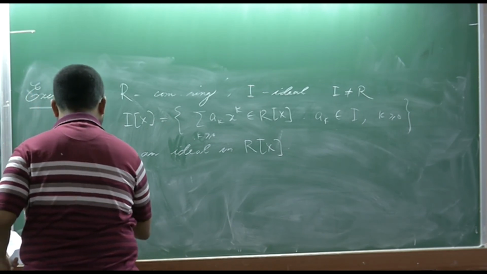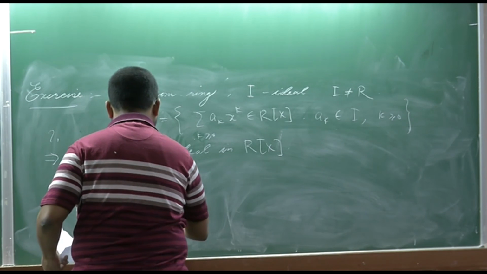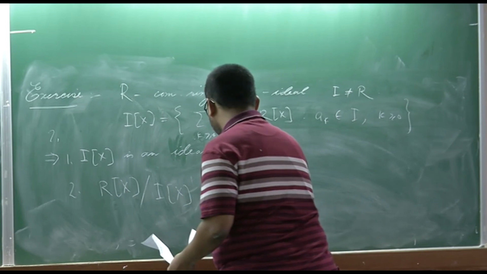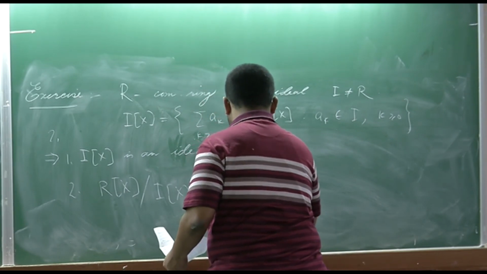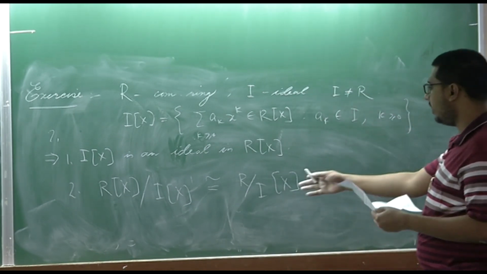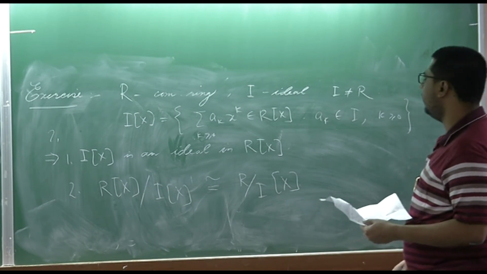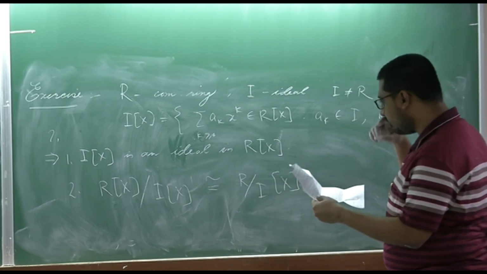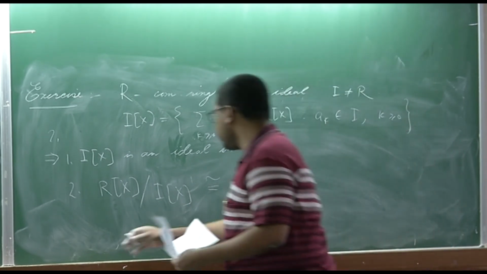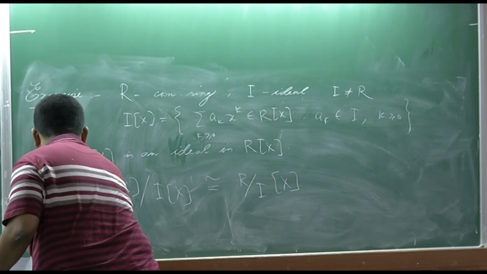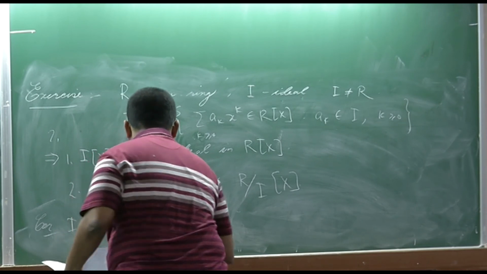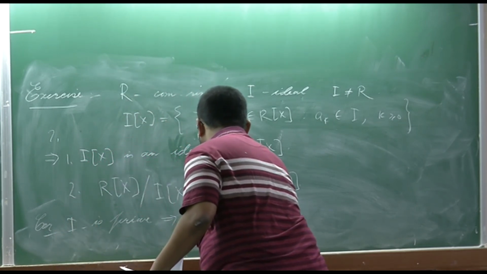The second thing is this, which follows from something we have done earlier, namely reduction. Okay. So, this is what I am leaving for the verification to you. This immediately shows, as a corollary, that if I is prime, then I[x] is also prime.